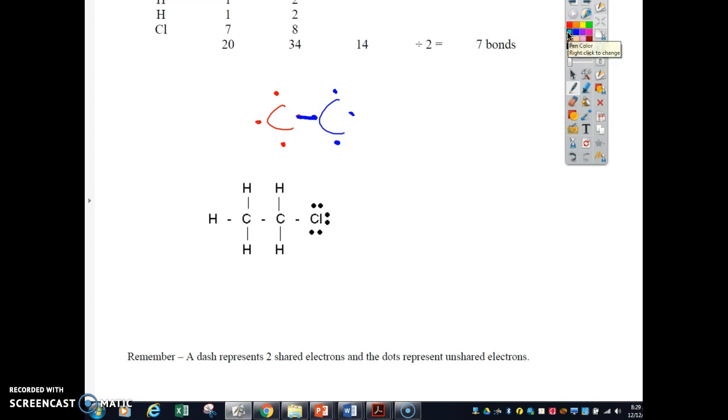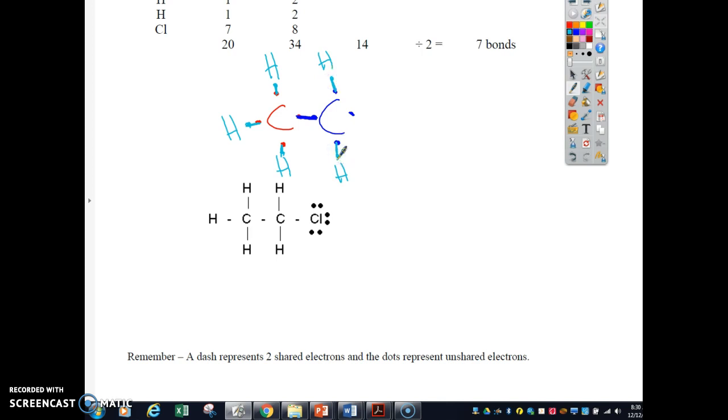Now the hydrogens, they supply 1 valence electron, and you get a bond formed here. And we have 2 more hydrogens, so we can put them here and here, although you do have some leeway in where you can put these things.